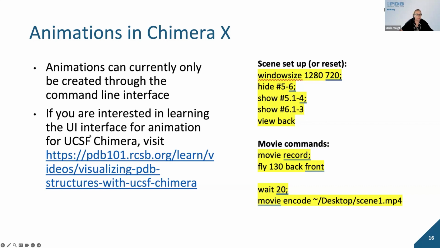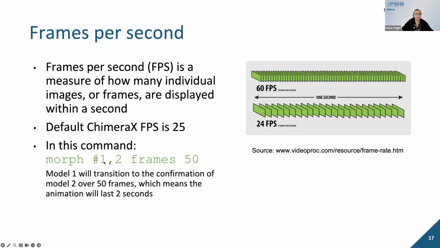But if you are interested in using the UI interface for animation, you can go to the old Chimera, which is not supported now. And on PDB 101, we have a tutorial that tells you how to work with animations using the old Chimera, the UCSF Chimera, not the ChimeraX. So on to the next slide.